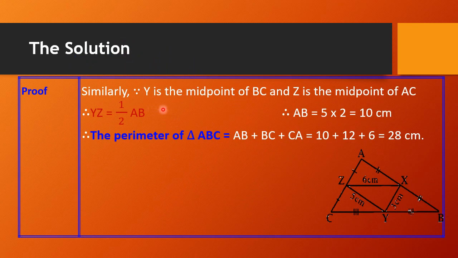Similarly, since Y is a midpoint of BC and Z is a midpoint of AC, then YZ equals half AB, then AB equals 2 times 5 equals 10 centimeters. Then the perimeter of the triangle ABC equals AB plus BC plus CA equals 10 plus 12 plus 6 equals 28 centimeters.